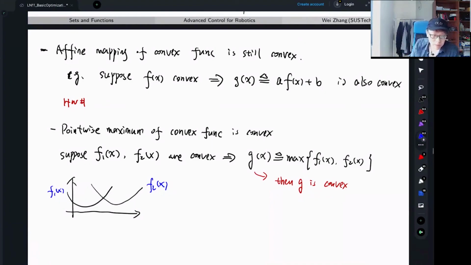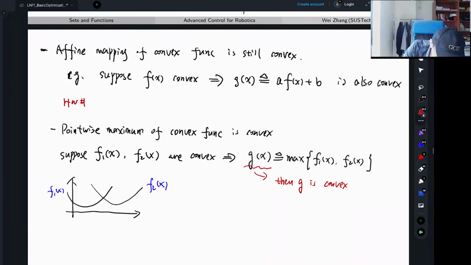I didn't tell you the expression, but based on the curve it looks convex, a happy curve. What does pointwise mean? What about the g function? The g function will be the pointwise maximum. For each x, it takes the value of the max of f1 or f2.